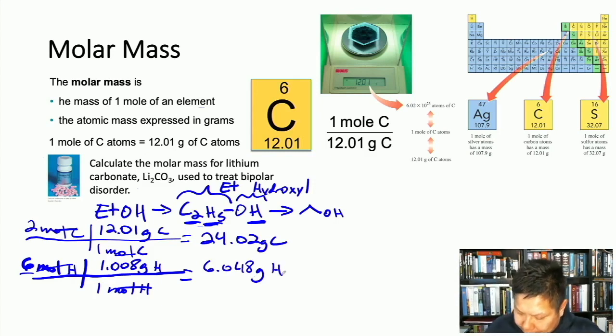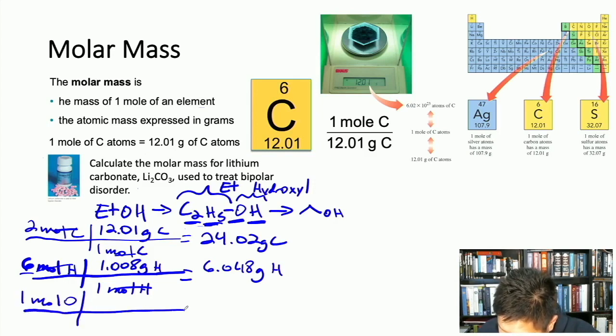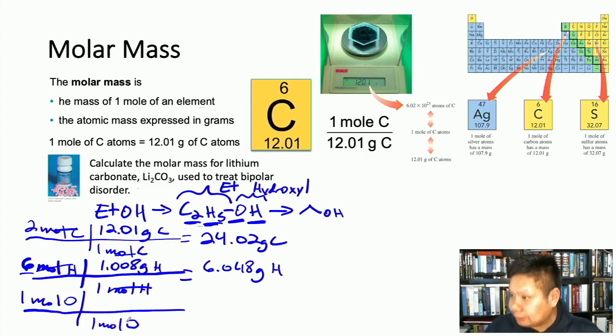Right? And the very last thing we have is 1 oxygen. And so we'll start out by just saying, sorry, I lost my train of thought, 1 mole of oxygen, because we have 1 oxygen in the formula. Again, we want to cancel out moles of oxygen, so we'll put 1 mole of oxygen down there at the bottom too.